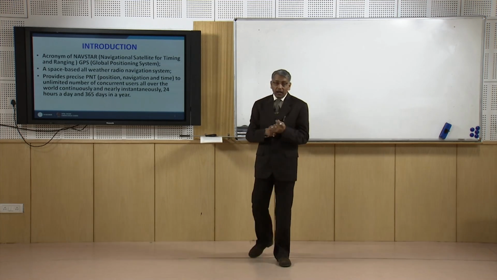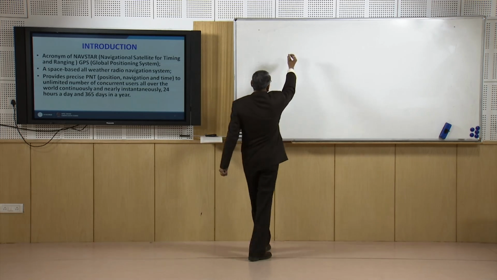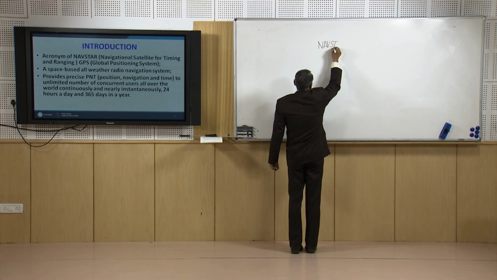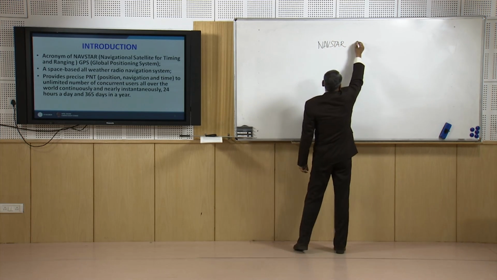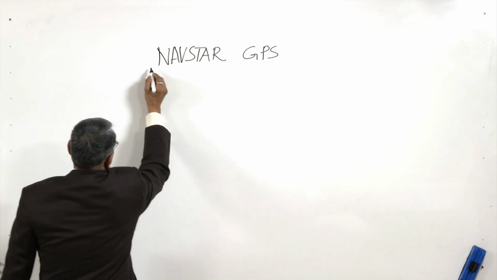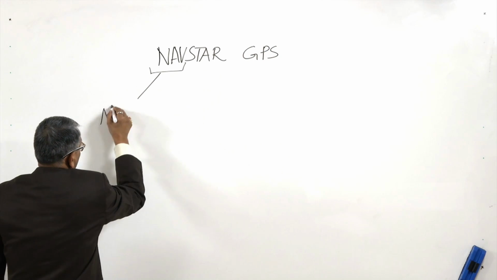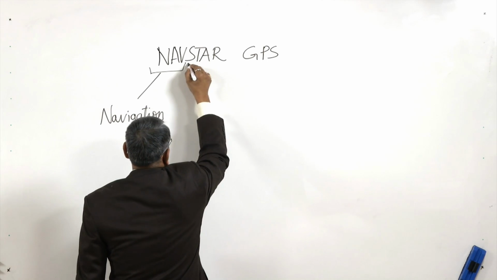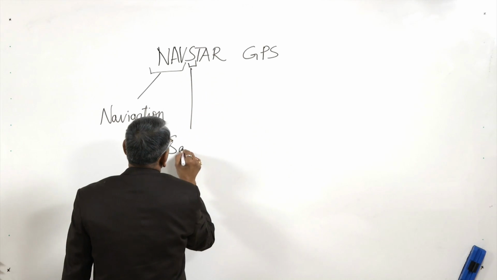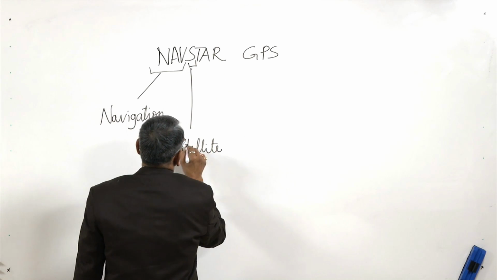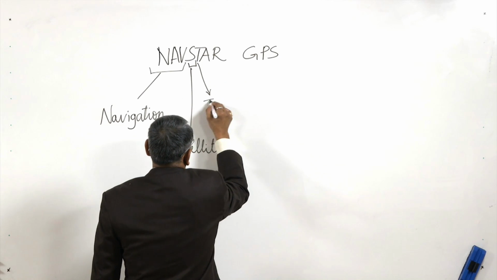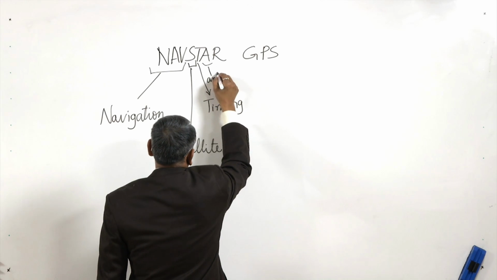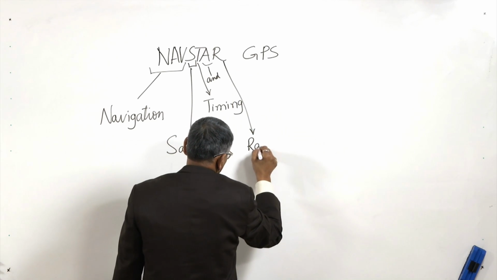So we are actually studying the system called Navstar GPS, where Nav stands for navigation, S for satellite, T for timing, and R for ranging.